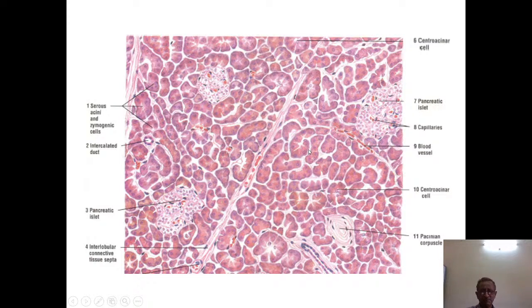These are pyramidal shaped cells with a round nucleus towards their base. Whereas here the cells are of different sizes and arranged irregularly, forming the pancreatic islets, where there are alpha cells, beta cells and gamma cells which secrete insulin, glucagon and other hormones.